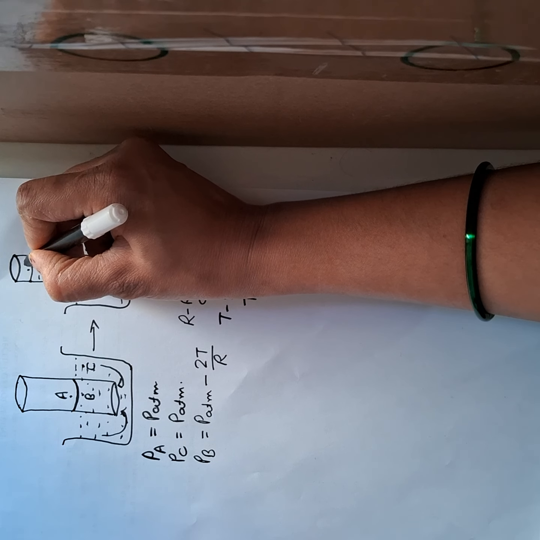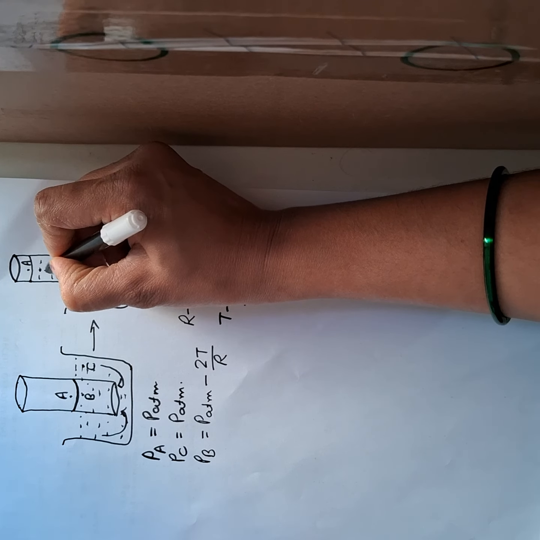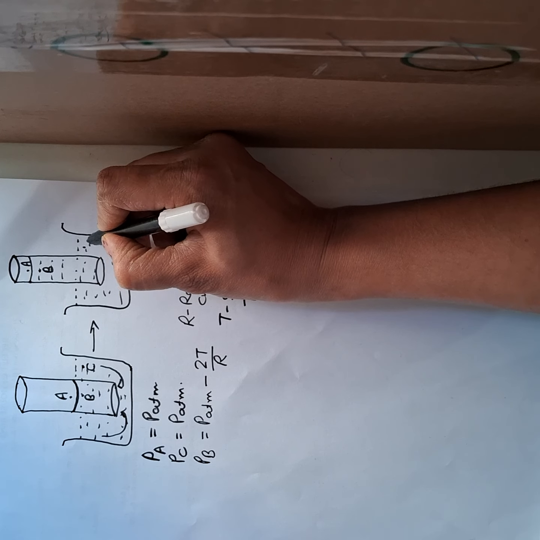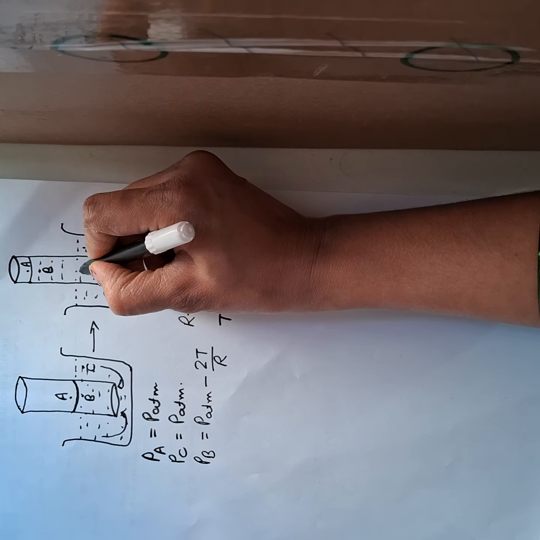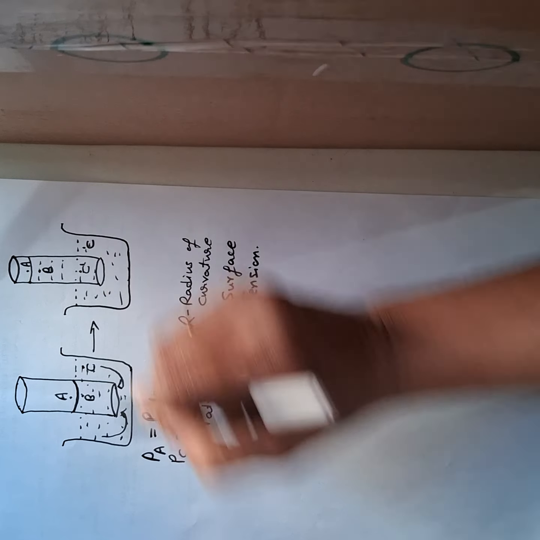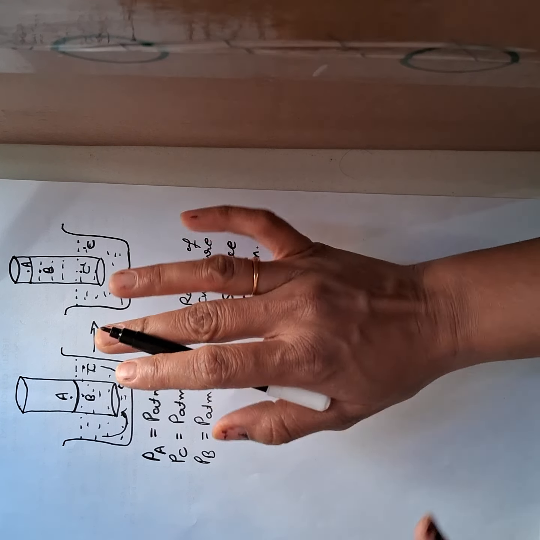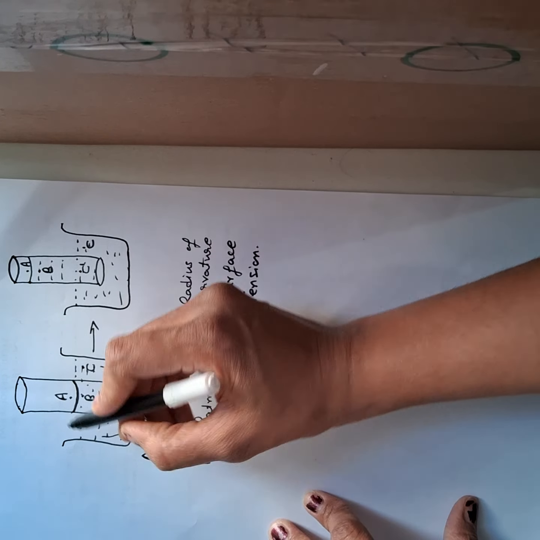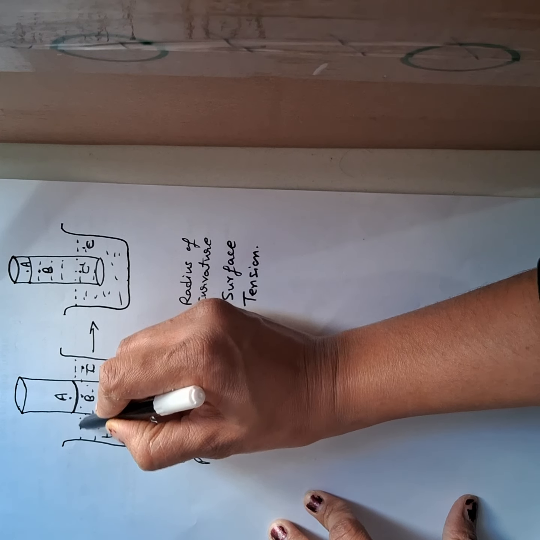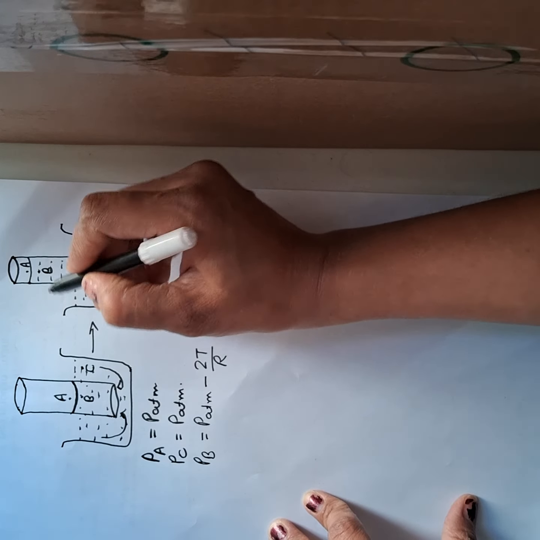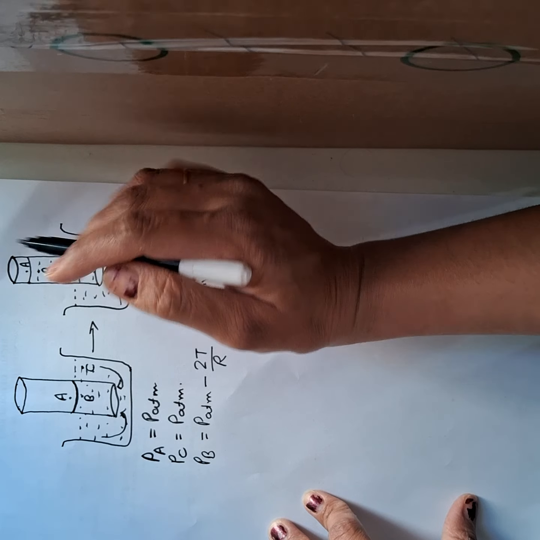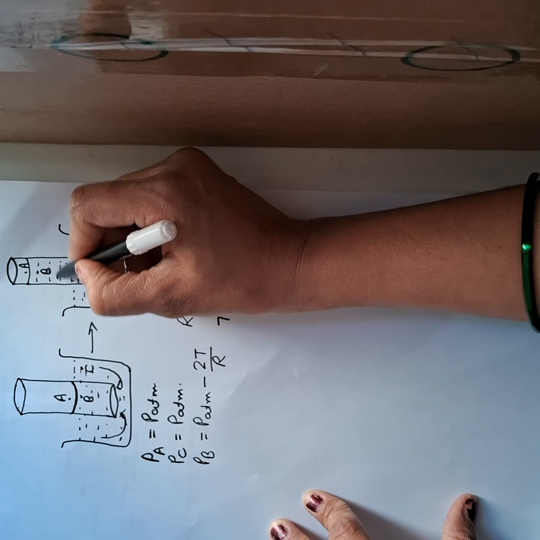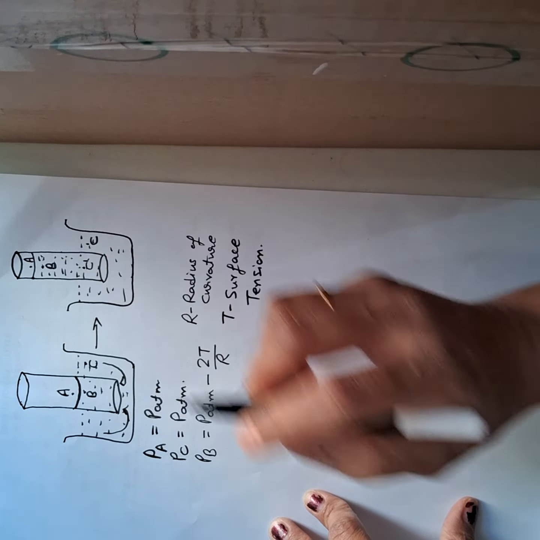So here is point A, here is point B, here is point C, and now suppose here is a point C prime. To maintain the equilibrium of pressure at the same level of this liquid in the vessel, the liquid will rise in the capillary to maintain the pressure equilibrium in this container, right?